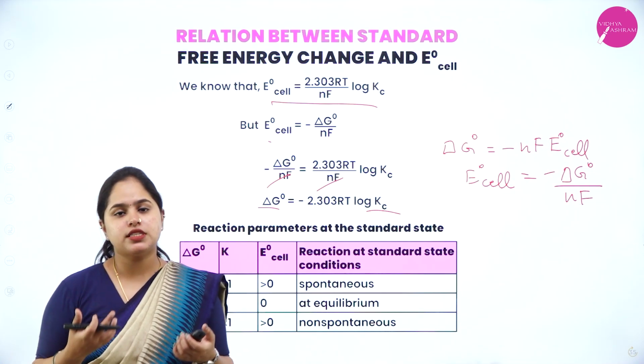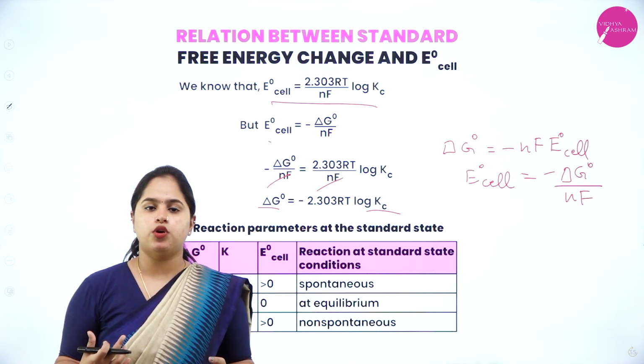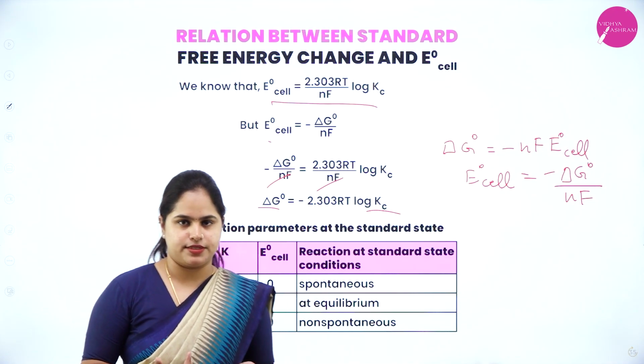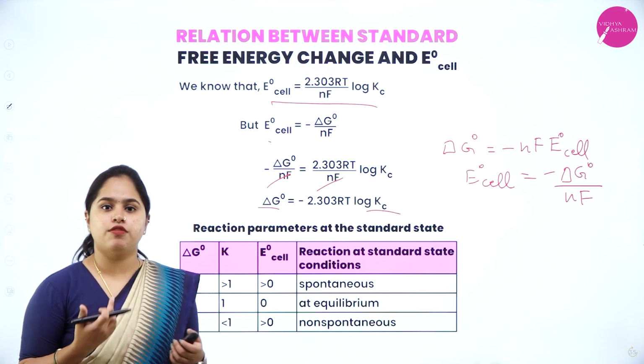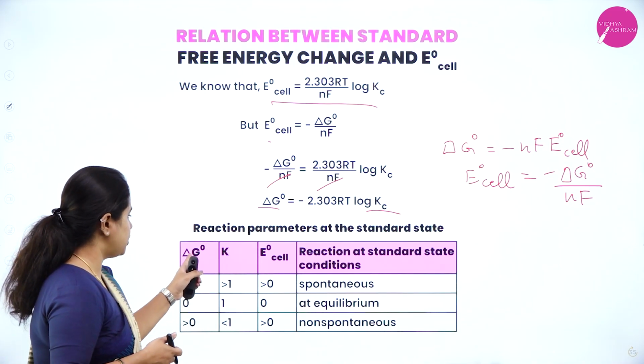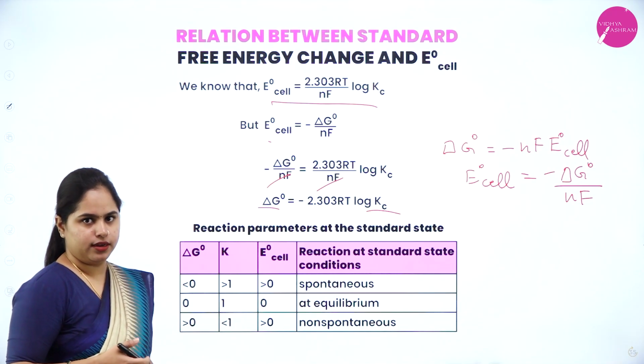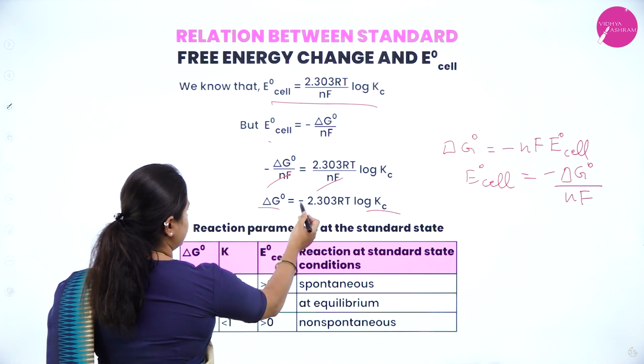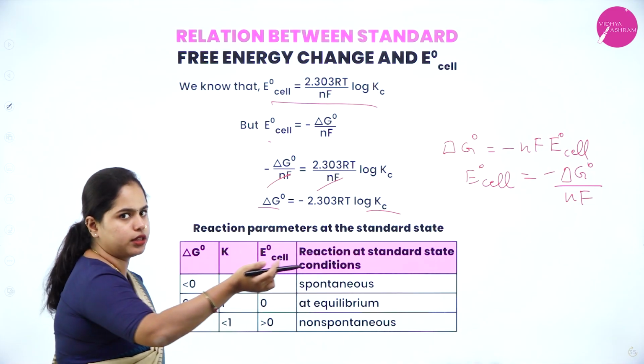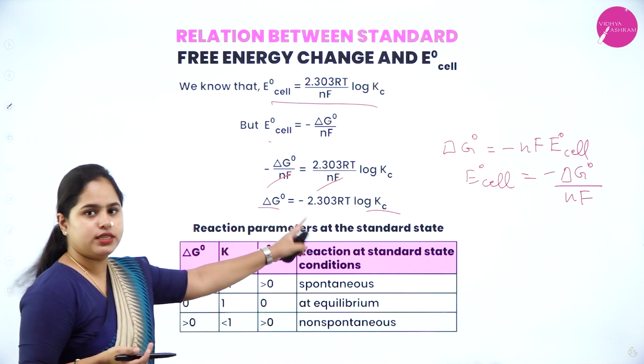Right. So now after studying the equations, it is also important to understand the sign conventions, right, which we have to use in different conditions. So when delta G naught is less than 0, K will be greater than 1, right? As you can see, delta G naught is equal to minus 2.303 RT log Kc, right? So it is negative.